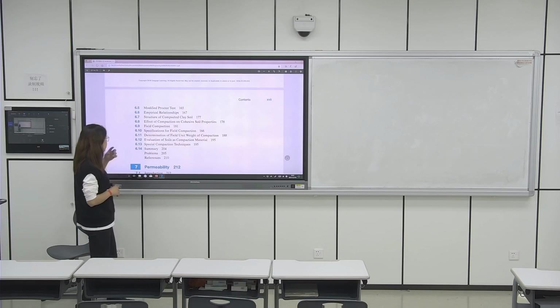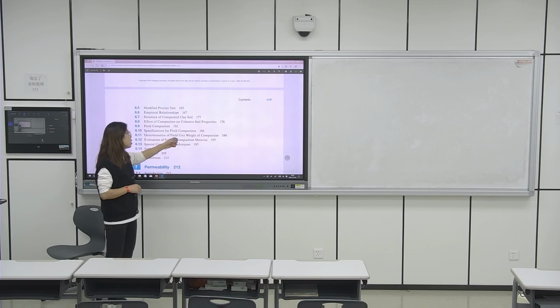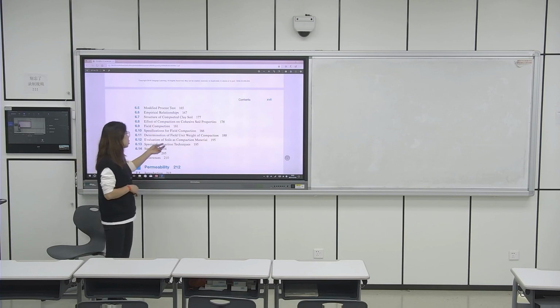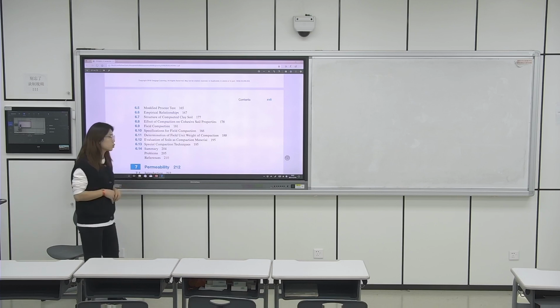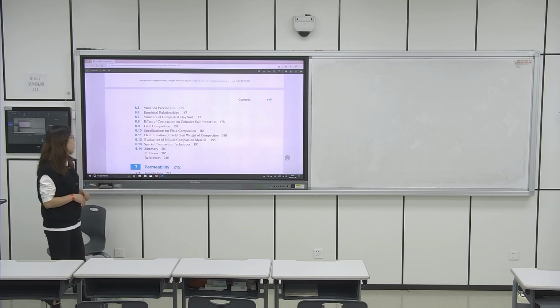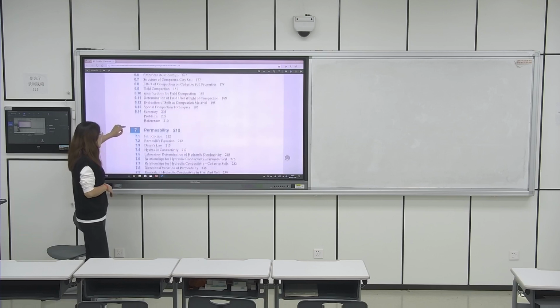And then some specifications for field compaction and determination of field unit weight of compaction, right? And how to evaluate soil as a compaction material, whether it is good or not for compaction. And maybe later we explained some special compaction techniques, dynamic compaction, remember? This is about chapter 6.